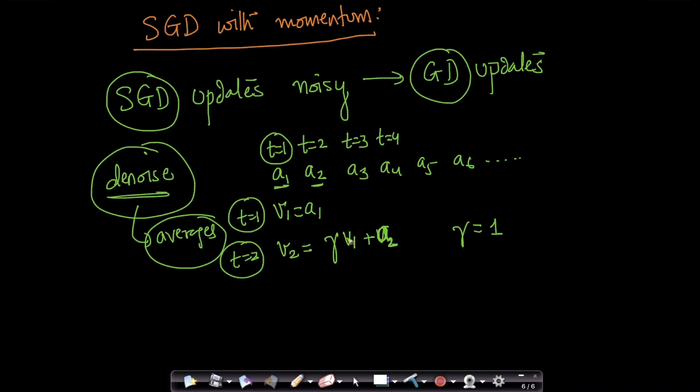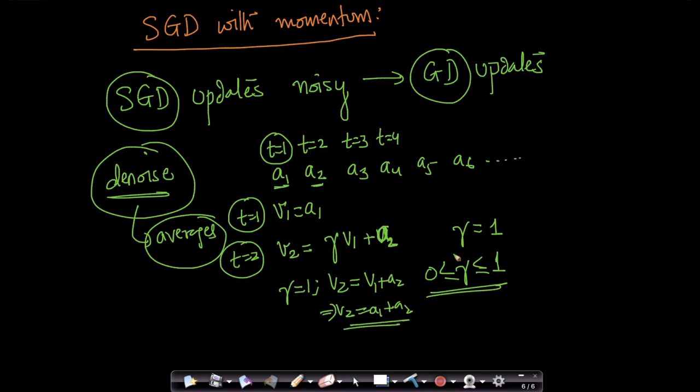So what if I write an equation like this where I say that gamma lies between 0 and 1? If gamma equals to 1, what happens? My V2 equals to V1 plus A2. What is V1? It is nothing but A1, so V2 is equal to A1 plus A2.